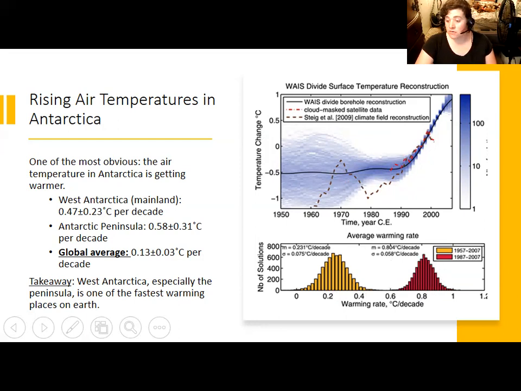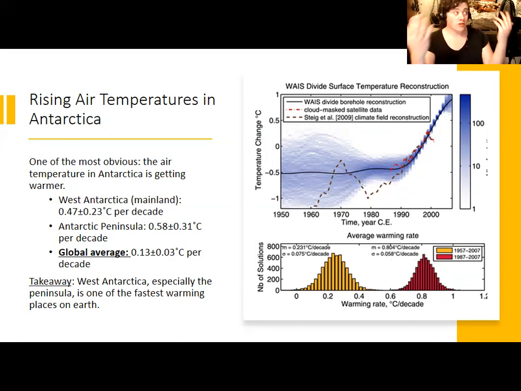And the warming rates have also gone up quite a bit. This is especially true in West Antarctica because West Antarctica is in general farther north and more surrounded by oceans, which have absorbed a lot of the heat from global warming, and is more vulnerable to climate change. In the part of West Antarctica that's closer to the South Pole, it is warming at a rate of 0.47 degrees Celsius per decade.